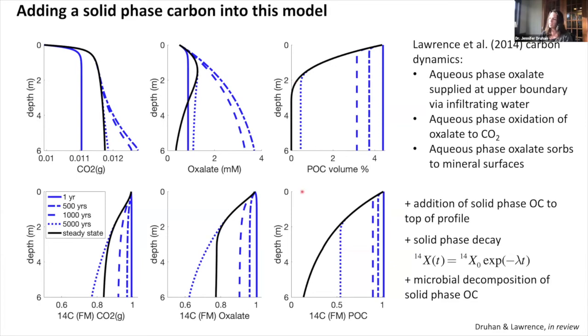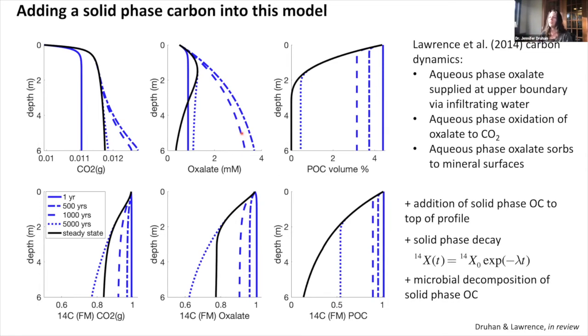And just as a reality check, at 2 meters, if we go down to the radiocarbon, indeed, we're at about 50%. So it's working, at least in terms of the basics of how to differentiate between application rates, reaction rates, and decay internal to the system.